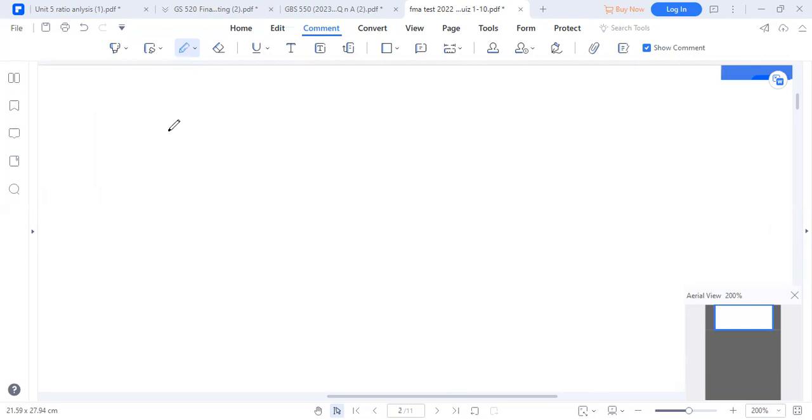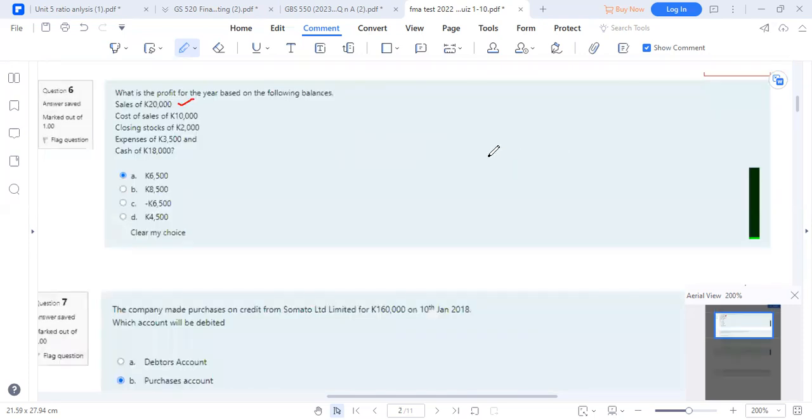All right. So what is a profit for the year? Profit is simply the sales minus what? The sales minus the cost of sales. Then we less expenses. So we have our sales.